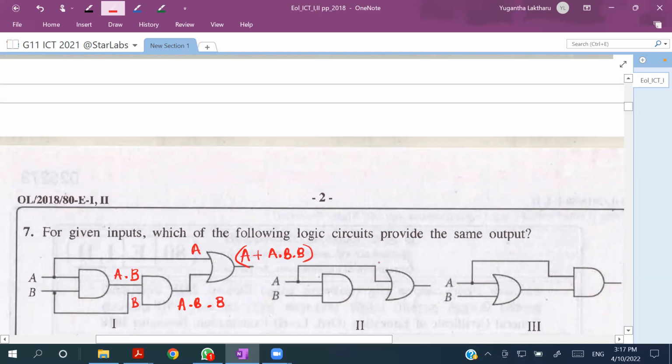And in here, this is going to be A dot B. From here it receives A, so this will give you A plus A dot B. This one. And here this will have A, this will have A plus B. And this will give you A dot (A plus B).